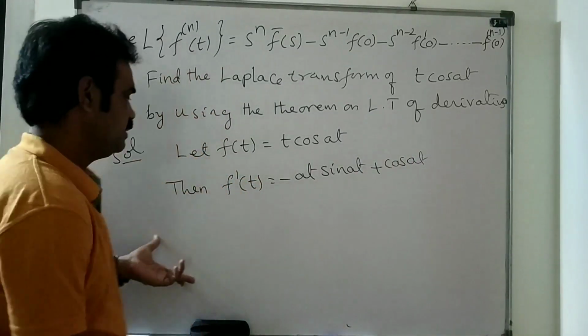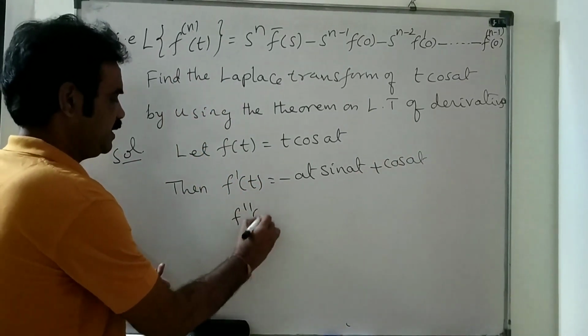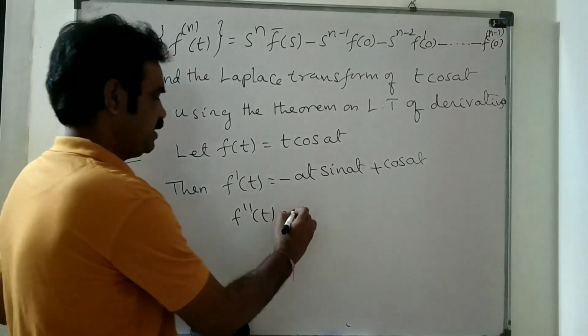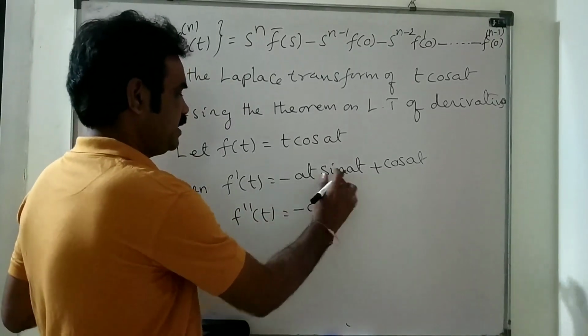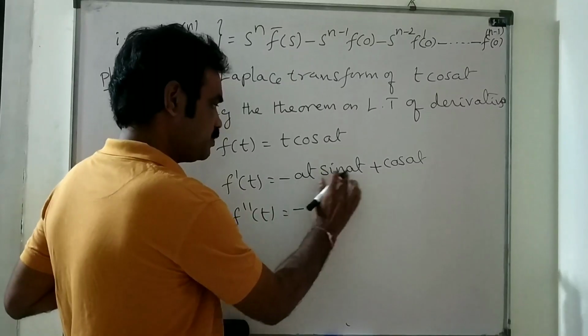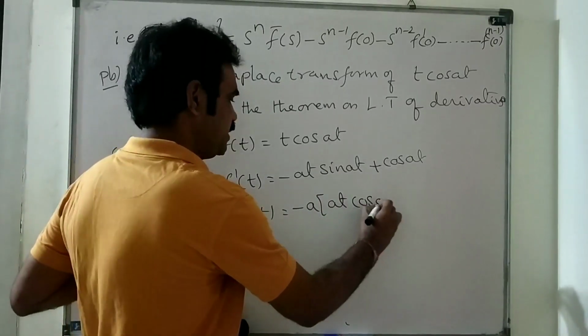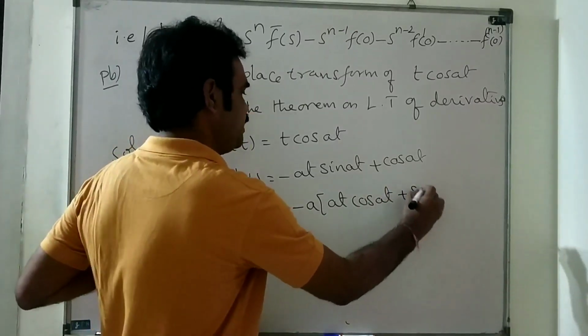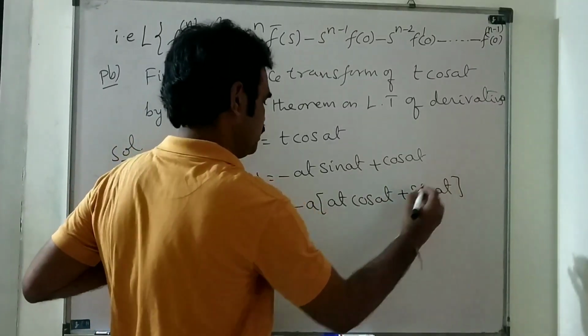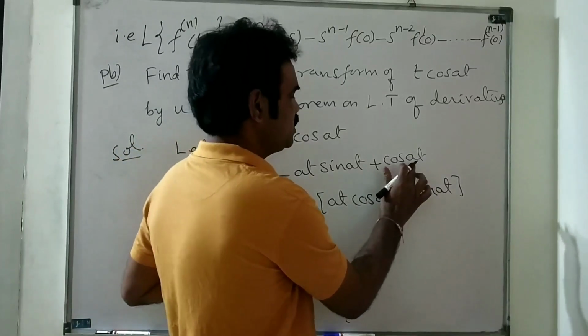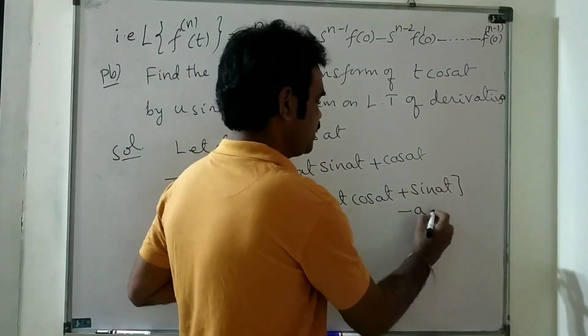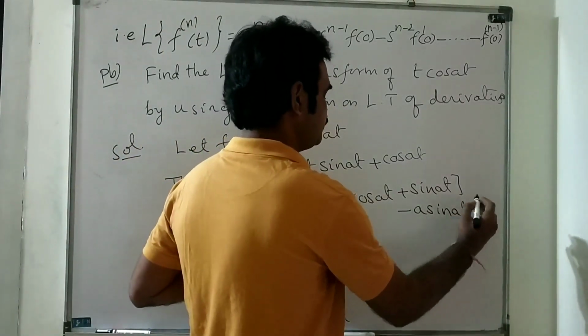Okay, and f''(t), again its derivative: minus a into t sin at derivative, t into the derivative of sin at, a cos at, that is minus a²t cos at, plus sin at into the derivative of t, 1, plus the derivative of cos at, minus a sin at.